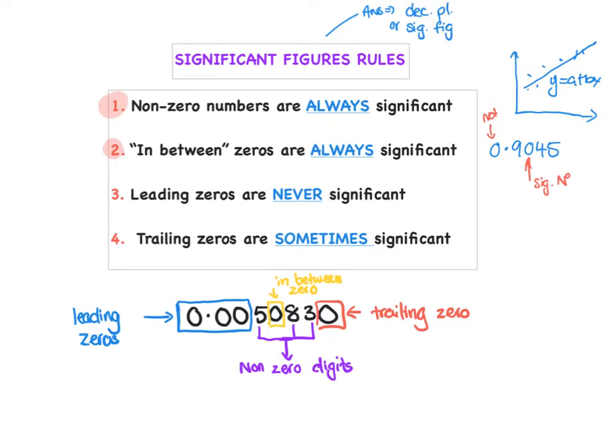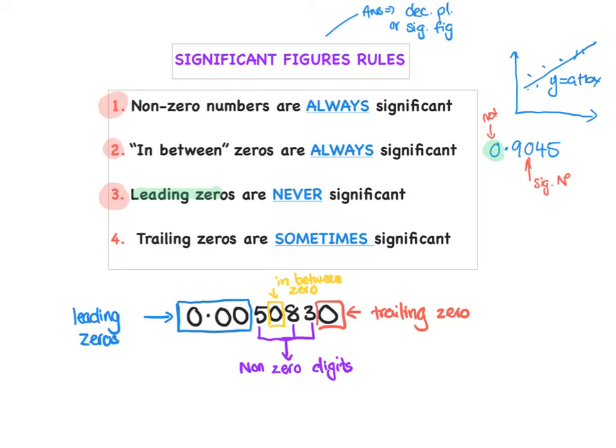If it's in between non-zero numbers, it will count as significant. Leading zeros, which is what I just did there, are never significant. This was an example of a leading zero. You don't start counting significant figures until the first non-zero.